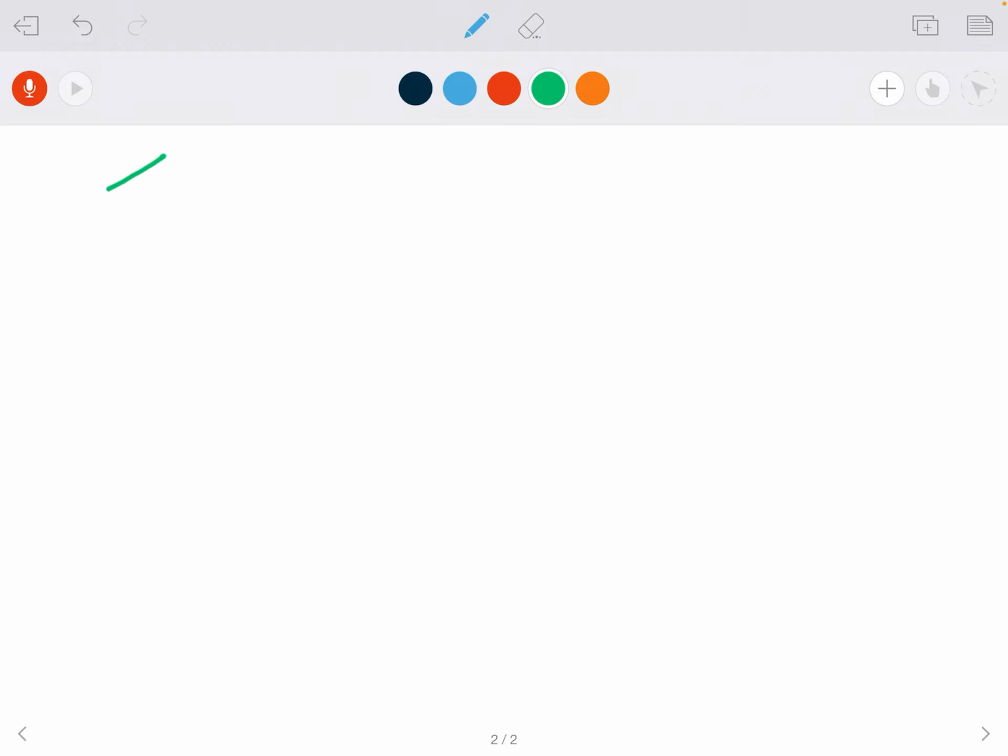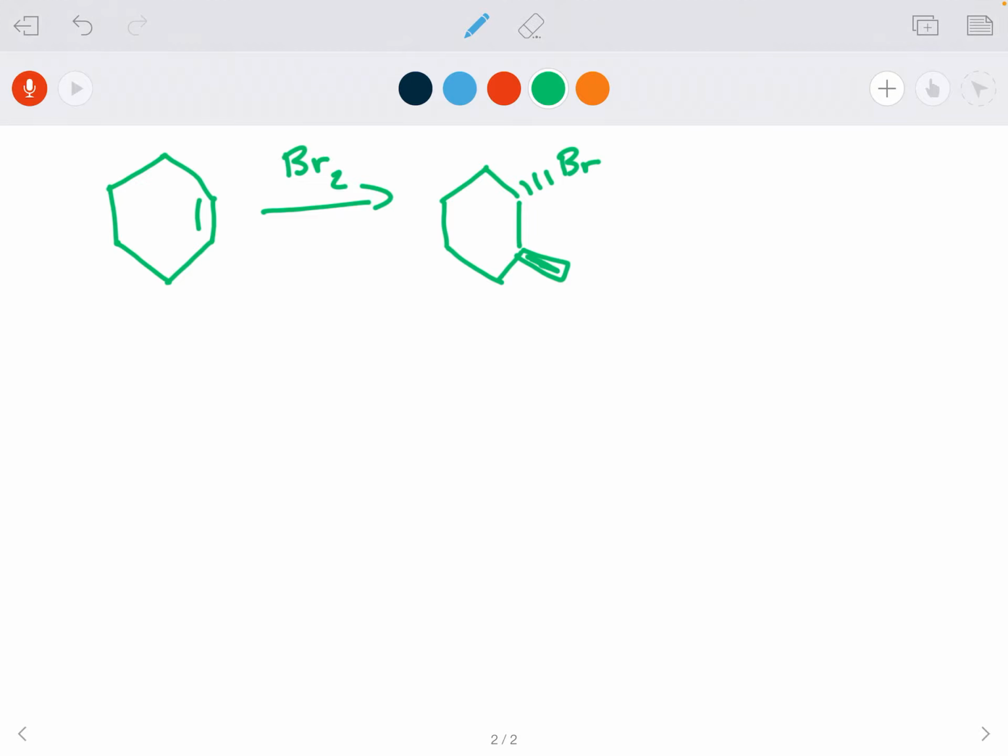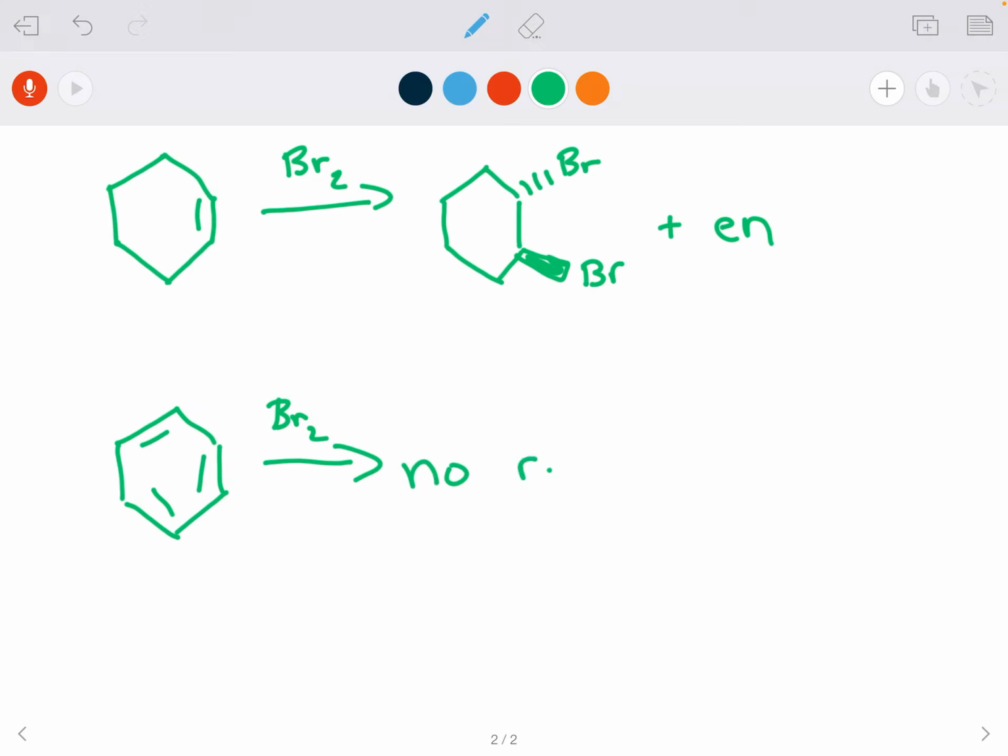So for example, if I just have cyclohexene and I react it in a bromination reaction, I'll get addition to the double bond to form one compound and its enantiomer. But if I were to try the same reaction, only difference now being it's benzene, no reaction.